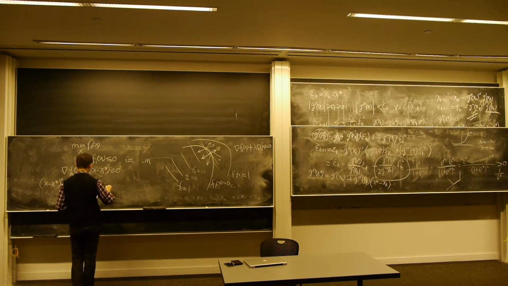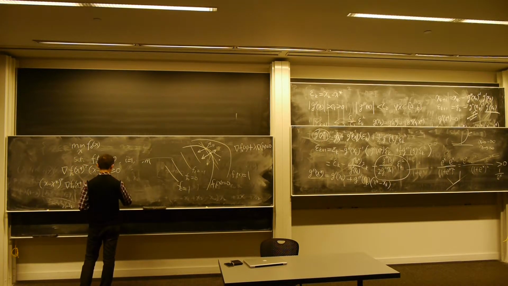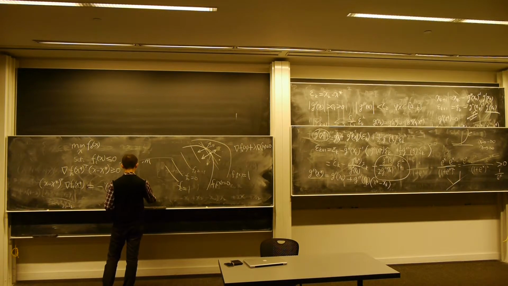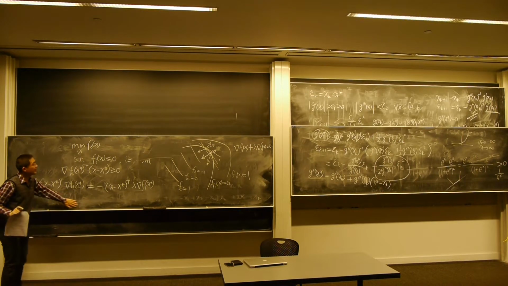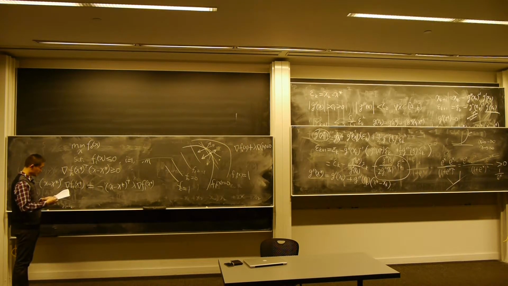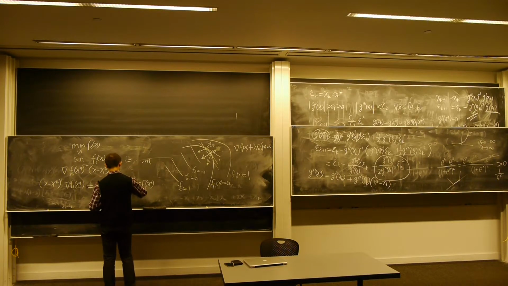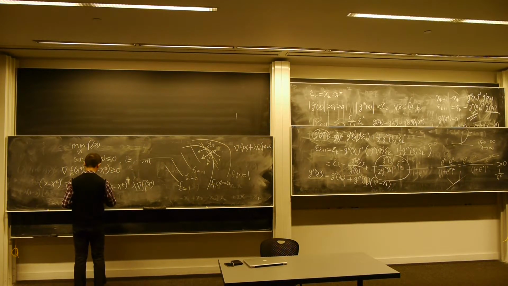So then you get negative. For simplicity, let me just write one constraint: lambda times the subgradient of f1 at x star. So this is what you can get from the KKT condition. Sorry, I have to write many of them. There's actually a sum for all i equals 1 to m.